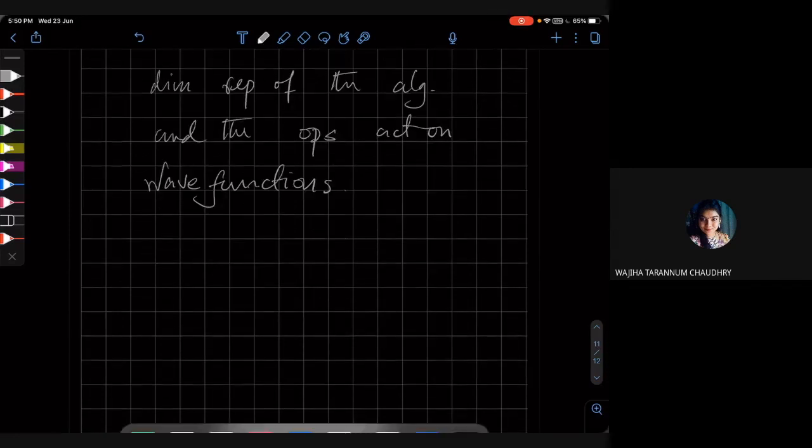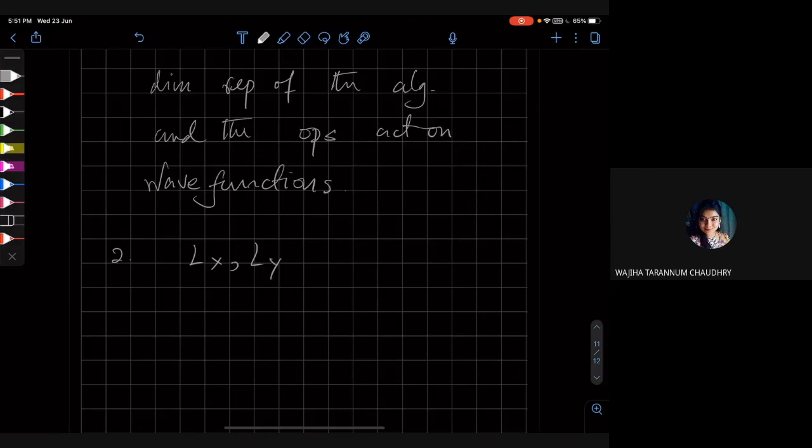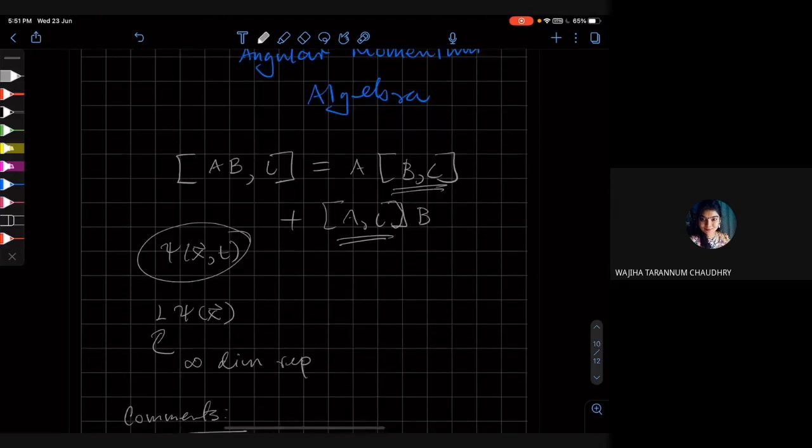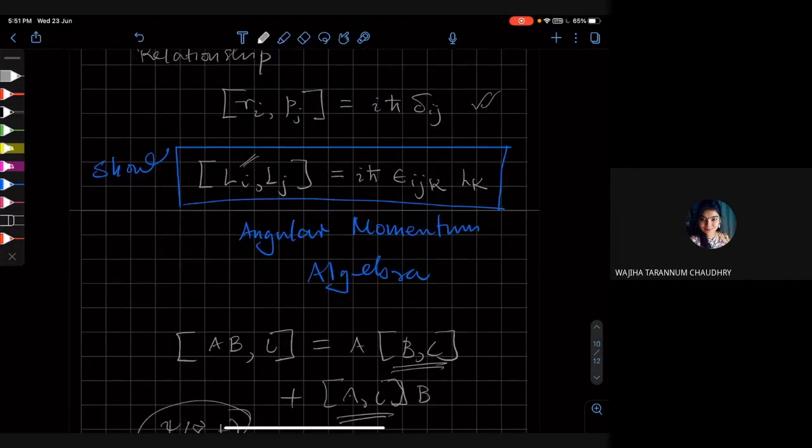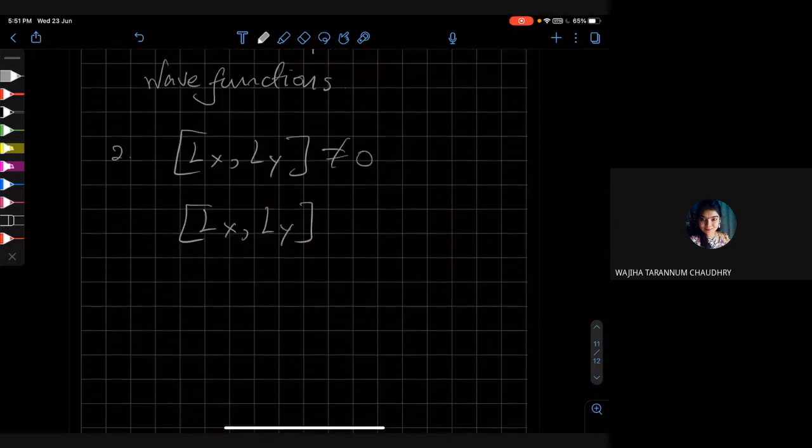The other comment I want to make is that Lx and Ly do not commute. Lx and Ly, according to the angular momentum algebra, gives me i h bar Lz. So what does it mean for the simultaneous measurement of Lx and Ly?